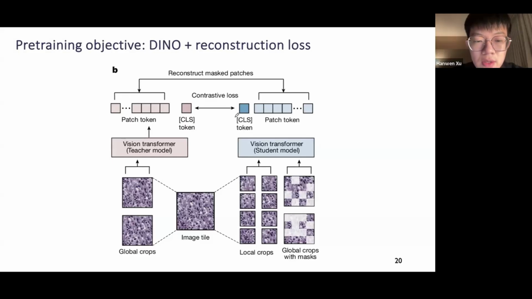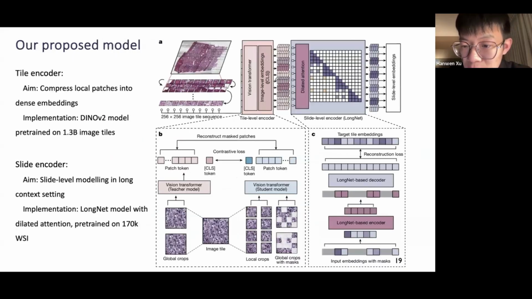Yeah, that's a great question. Here there are actually two things. The reconstruction loss is used both in the tile encoder pre-training and in the slide-level encoder pre-training. In the tile-level encoder pre-training, the function is in the pixel space, so this is actually reconstructing the raw image pixels.